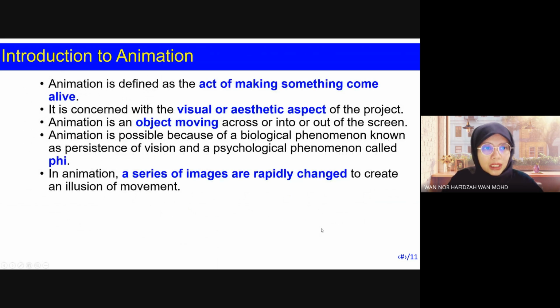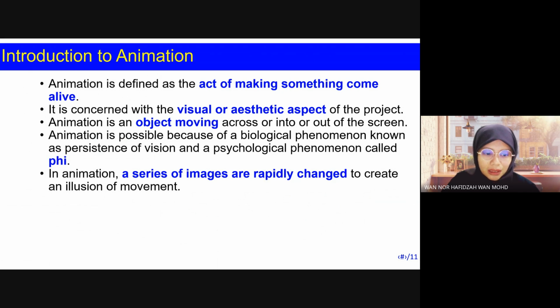Alright, class. So let's take a quick look at what animation really means. First of all, animation is the act of making something come alive. That means we take something still like an image or a drawing, and give it life through movement and expression. It is also concerned with the visual or aesthetic aspect of the project.